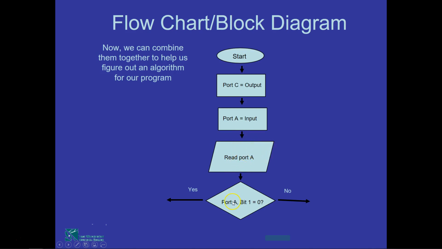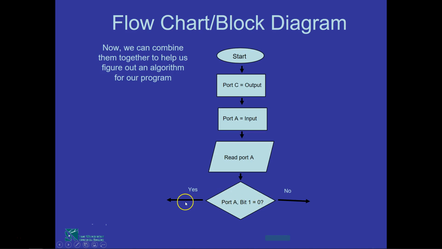And then you have this diamond statement, a diamond box, in which you make your decision or put up your question. So bit 1 of port A, let's assume that port A has an 8-bit register, and it is checking if bit 1 is equal to 0 or not.